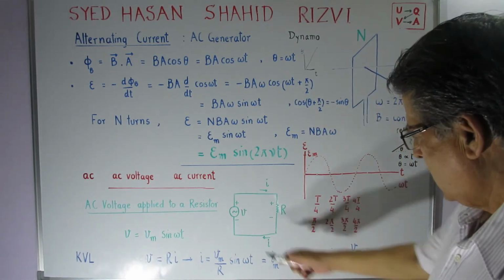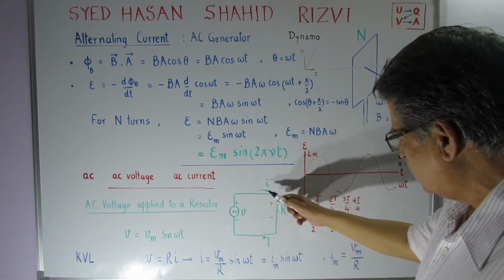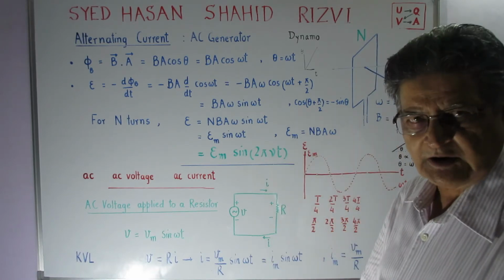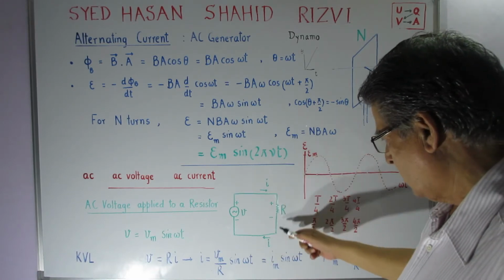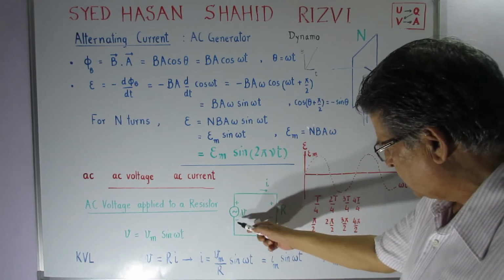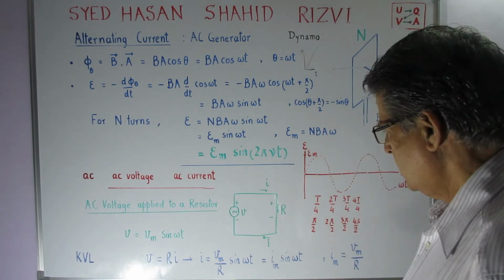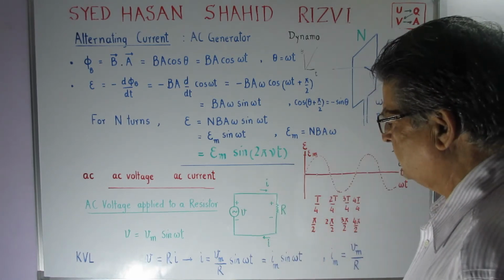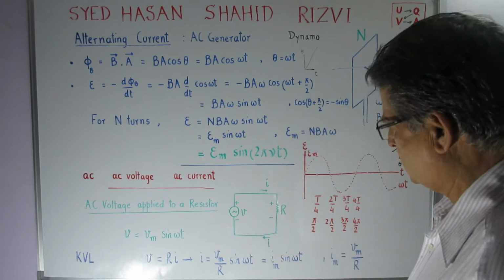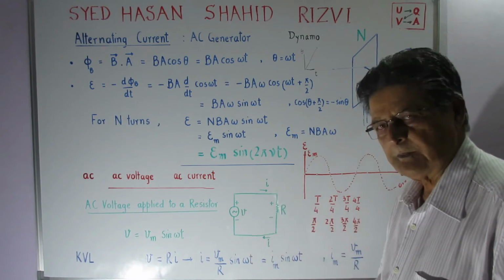So, like this, if I apply it here, then the current flows out of the positive terminal whenever it is positive, and it will go like this. Because this alternates, when this becomes positive and this becomes negative, the current goes like this. So in this particular case, at this moment of time we are talking about the voltage being plus and minus.